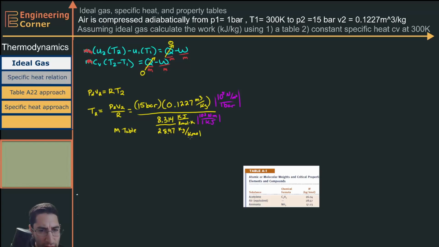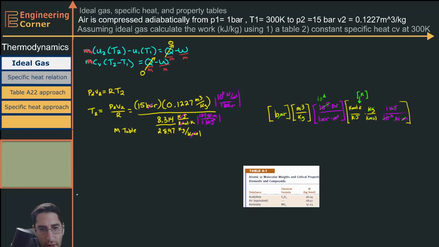When we check everything, kilomole cancels with kilomole, kilojoule cancels with kilojoule, bar cancels with bar. Those are the easy ones. Then the Newton over here is going to cancel with that Newton because it's going to flip because of this fraction.